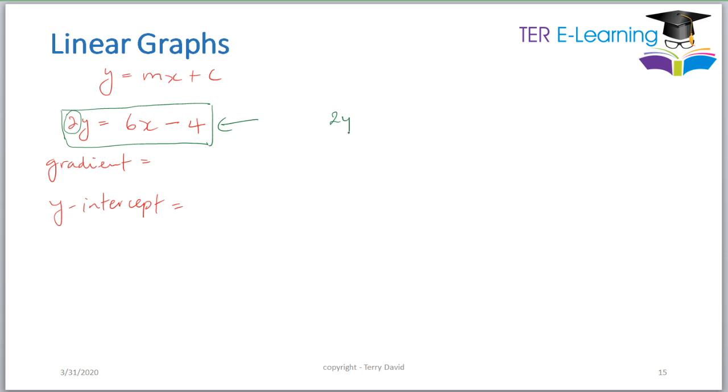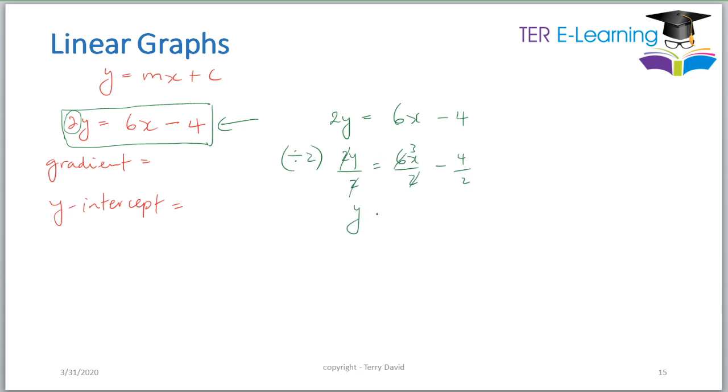So 2y is equal to 6x minus 4, right? We need to write the equation in the form y equal mx plus c. In order to do that, what we should do is divide every single term by 2. So this becomes 2y over 2 equals 6x over 2 minus 4 over 2. This 2 will cancel with this. This 2 will go into this 6 three times.